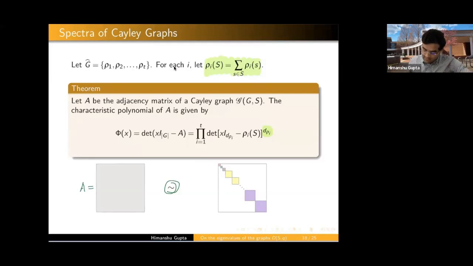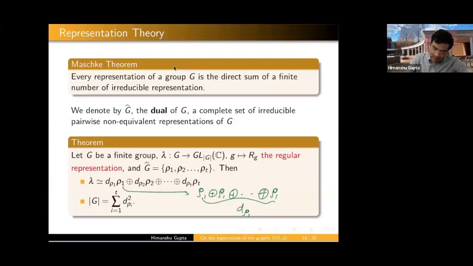And all this just follows from this important result, which says that if I have a finite group, then its regular representation is equivalent to the direct sum of all irreducible representations, and each of them repeats d rho i times. So yeah, perhaps I should take a pause and ask if there's any question.